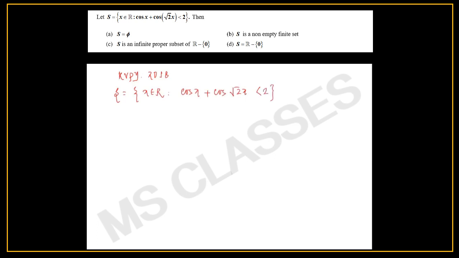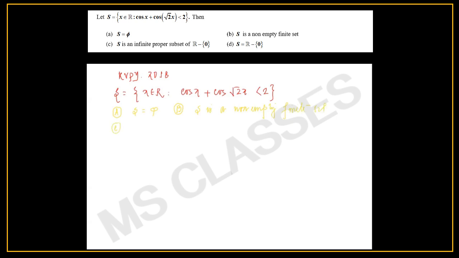From the options, let us understand what is given. The first option is a null set. Option B, S is a non-empty finite set.